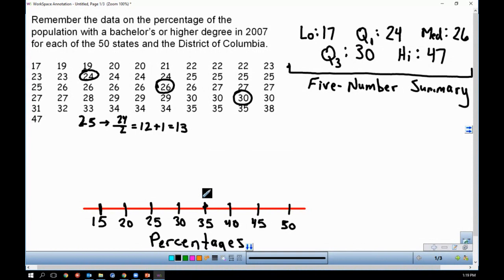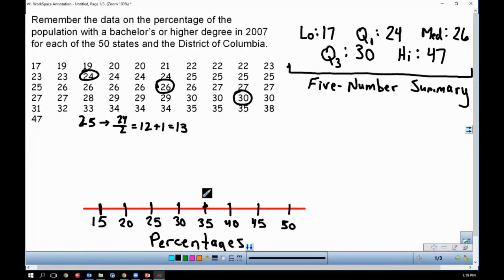Which sounds kind of harsh, but that's actually how they do reviews in college. So what you would do at that point is look through your homeworks and the notes and think, okay, where did we do this? Where did we build a box plot? Oh, we did that on page 13 of the chapter 4 notes. Okay, make sure I know how to do this. So maybe you circle it, highlight it, something like that.